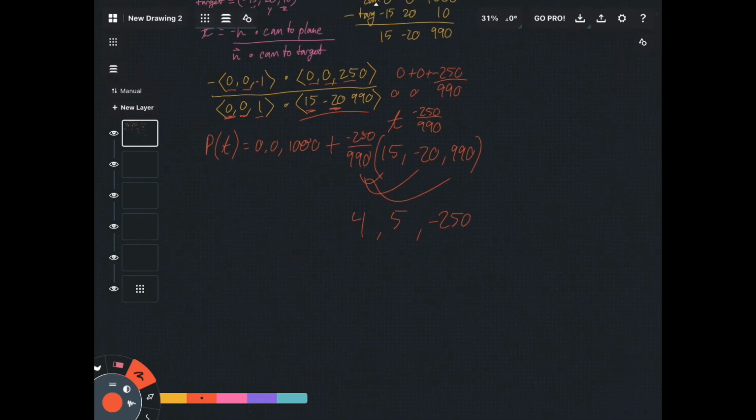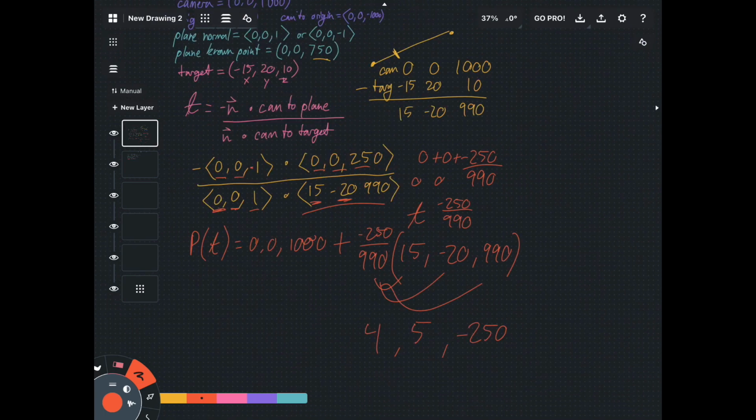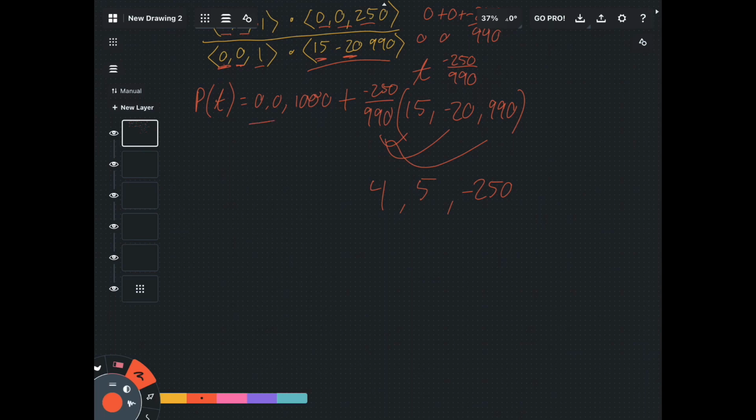So I seem to have made a sign error. That 4 should be a negative 4. Because this should be not minus 250. This should be 750. Oh, no, we're good. That makes sense. Because this is being summed with the camera start point.